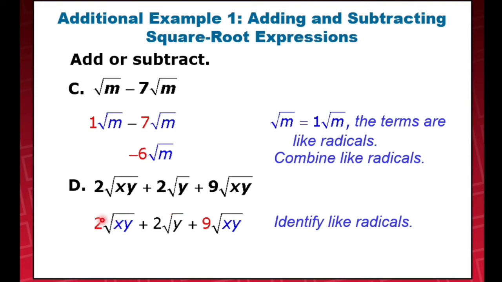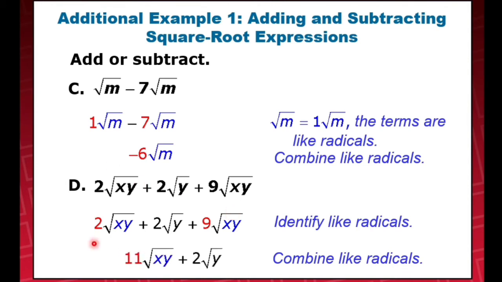So in this case, what we need to do is just combine the two terms which are like radicals, meaning yung 2 square root of xy at saka yung 9 square root of xy, yun lang po ang i-combine natin. Okay, paano yun? 2 plus 9, that is 11. And then copy the common radical, which is square root of xy. Ito po siya.